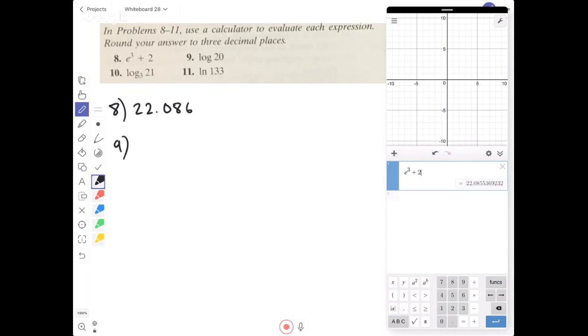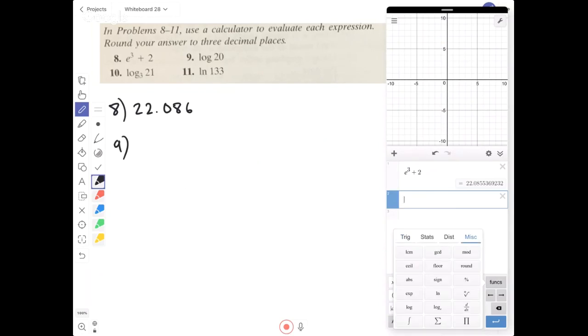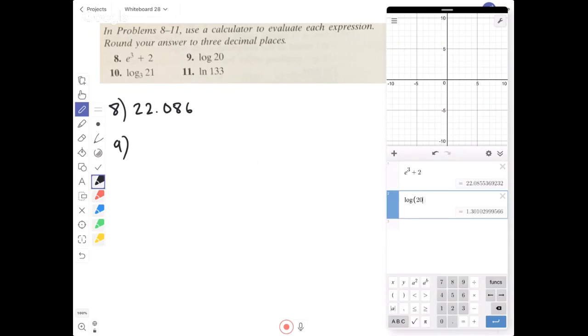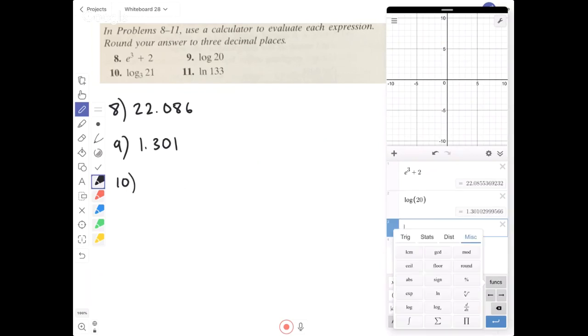Number 9, log of 20. And of course, that's the common log base 10. So log base 10 of 20 is 1.301. Number 10, log base 3 of 21. If you want a scientific calculator and not like a TI-84, you'd need to use the change of base formula. So you need to say that's log 21 over log 3.